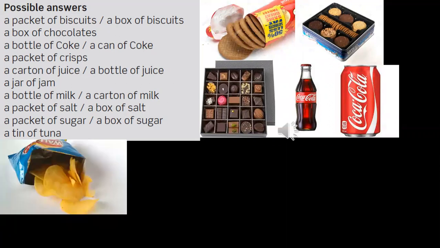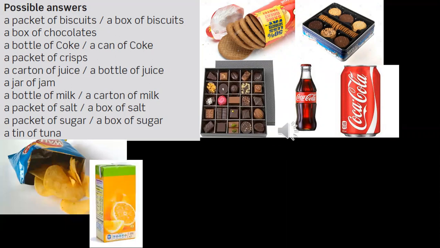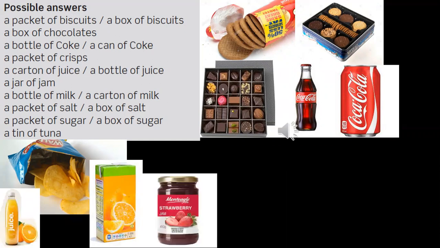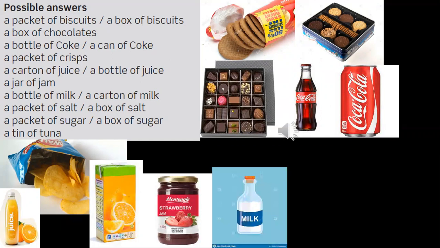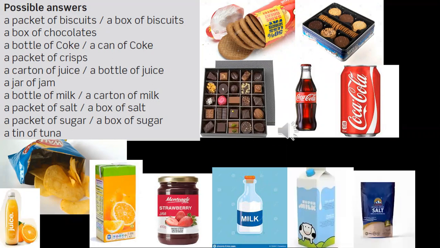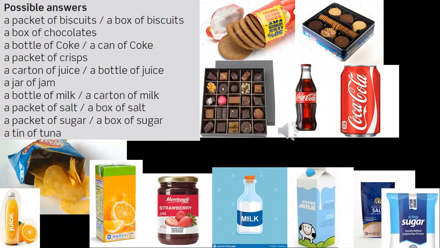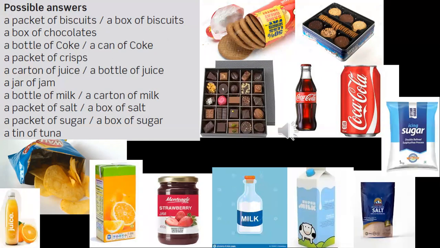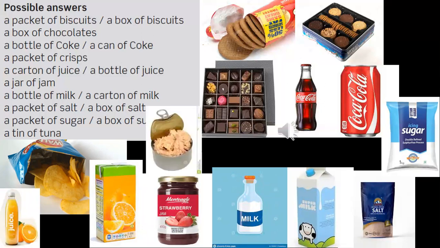A carton of juice. A bottle of juice. A jar of jam. A bottle of milk. A carton of milk. A packet of salt. A box of salt. A packet of sugar. A box of sugar. A tin of tuna. Or a can of tuna.